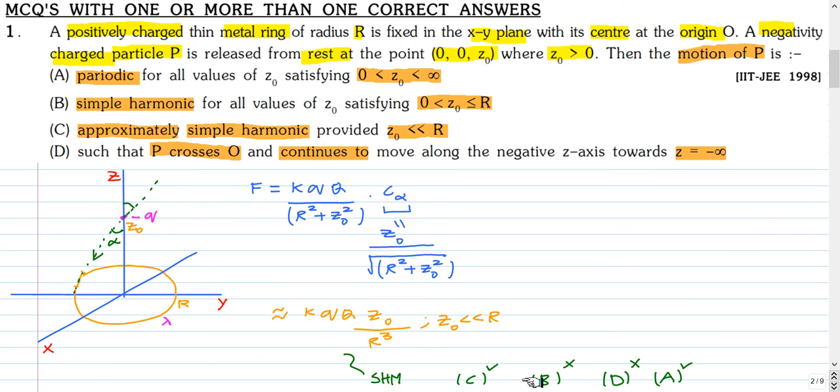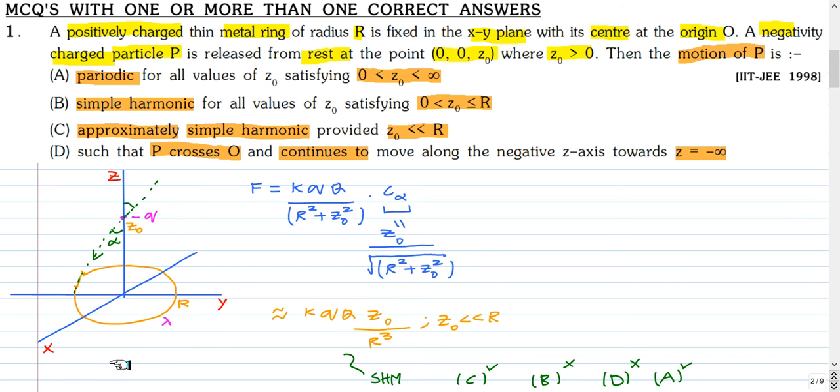Option B says simple harmonic for all values of z0. That is not true, because for z0 not very small, there is a general expression which is not linearly varying as the displacement. Option D says P crosses O and continues to move along negative z up to minus infinity. After it crosses z equal to 0, it will start facing a retarding force because the force of attraction will be towards the origin.